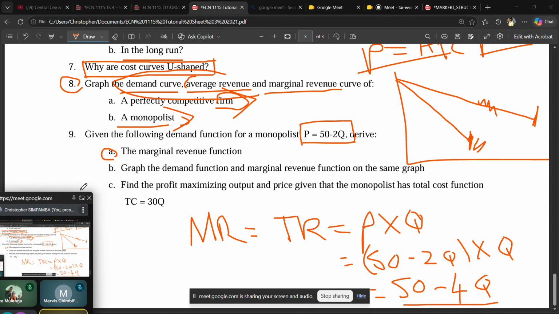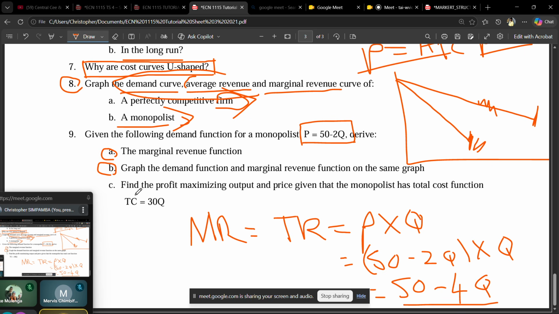Question B was saying graph the demand function and marginal revenue function. Let me just do this. We multiply this times that, and we're going to have 50Q minus 2Q squared.